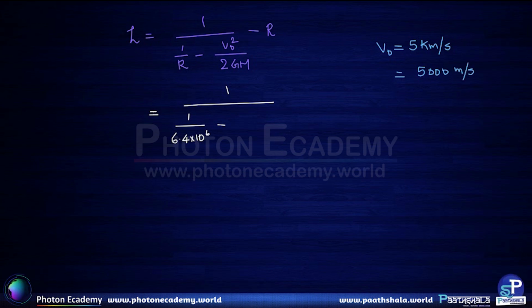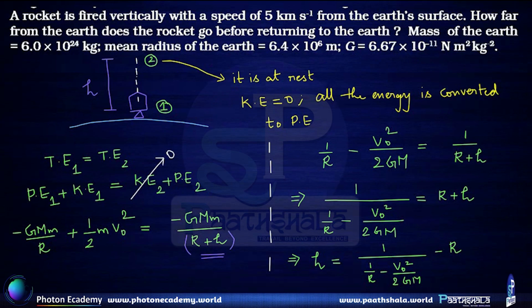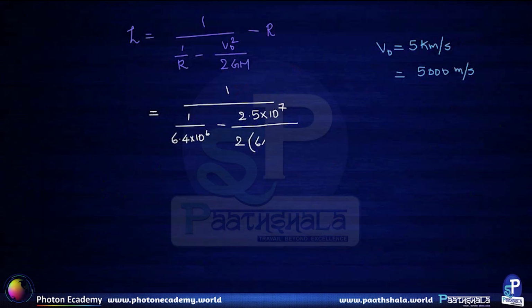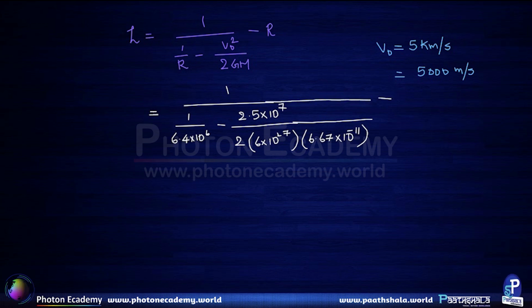So v naught squared is going to be 2.5 × 10^7, by 2 times the mass of the Earth, given to be 6 × 10^24, and the value of G, we know it is 6.67 × 10^-11), minus the radius of Earth, which is 6.4 × 10^6.